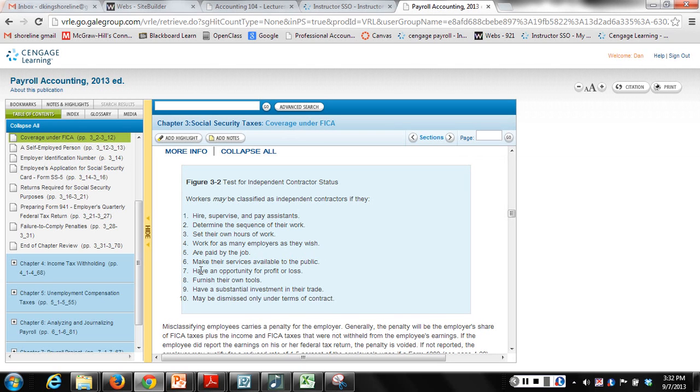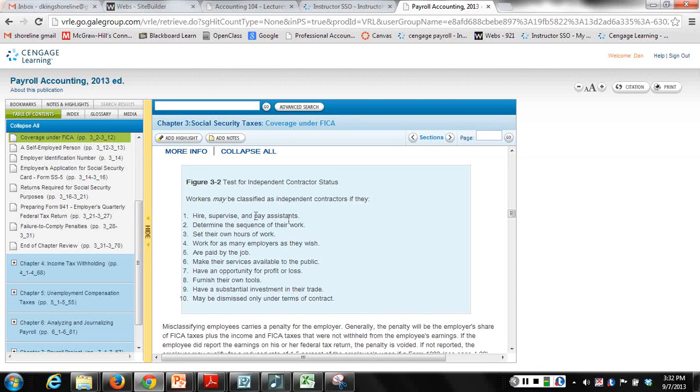They have an opportunity for a profit or loss. In other words, they have something at risk in the enterprise working as an independent contractor. They furnish their own tools. They typically have a substantial investment in tools, equipment, training, all those kinds of things. They can be dismissed because they didn't meet the terms of the contract.